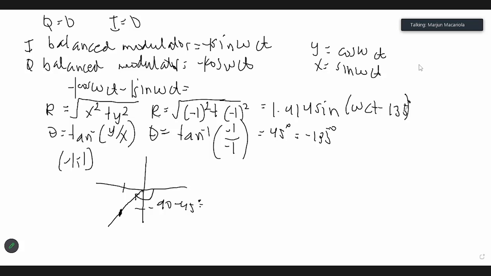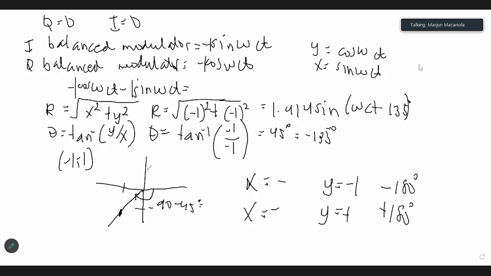Or you can just remember that if the value of x is negative and the value of y is negative, what you're going to do is subtract 180 degrees. And if the value of x is negative and the value of y is positive, what you're going to do is add 180 degrees.